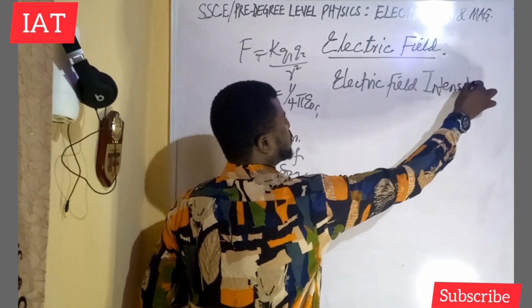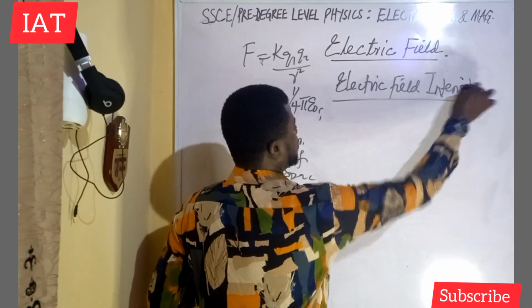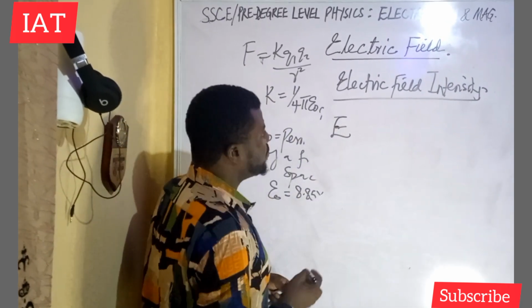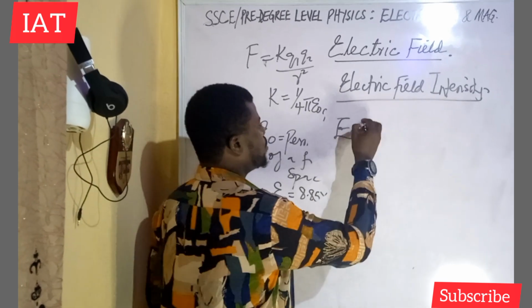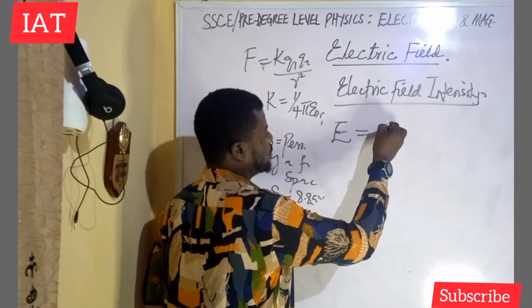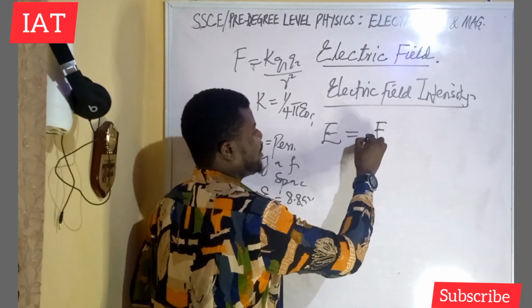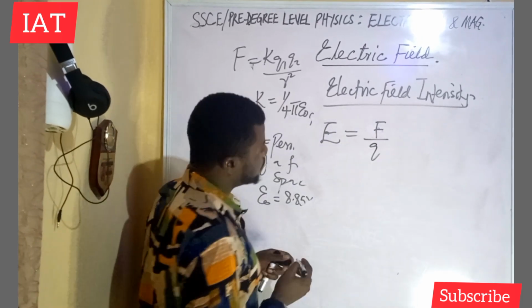So we can represent this by E, and the definition is the ratio of force per unit charge.